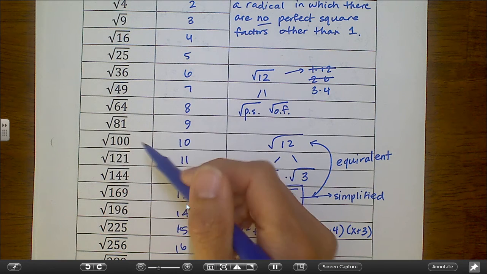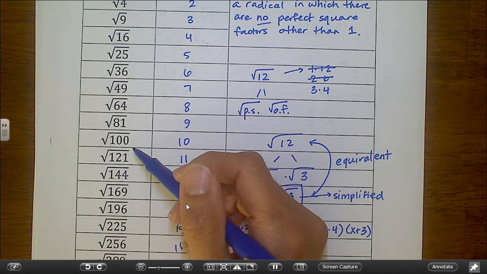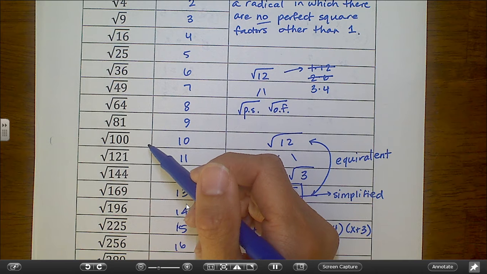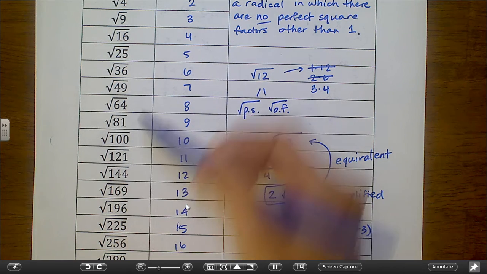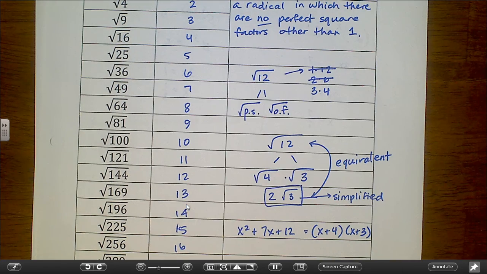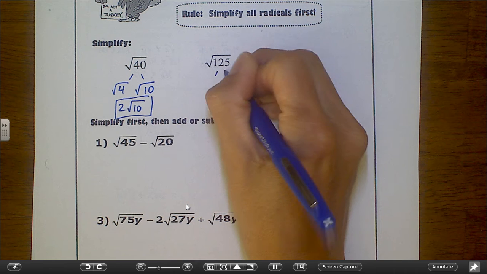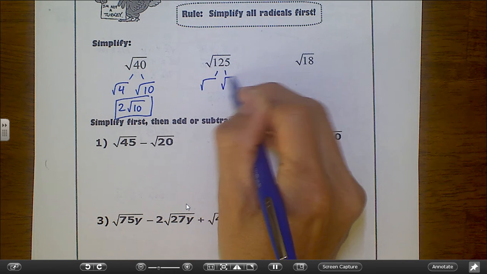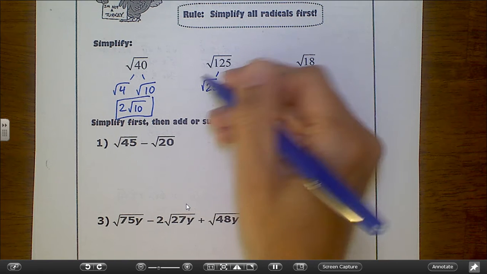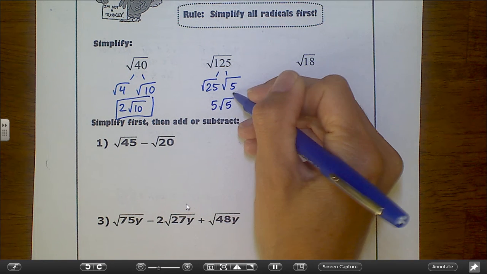So 125 divided by 100, you're not going to get a whole number. 125 divided by 81, you're not. 64, same thing. 49, same thing. 36, same thing. 25, you will. So 125 can be written as 25 times 5. So square root of 25 is 5, and then rad 5 stays rad 5.